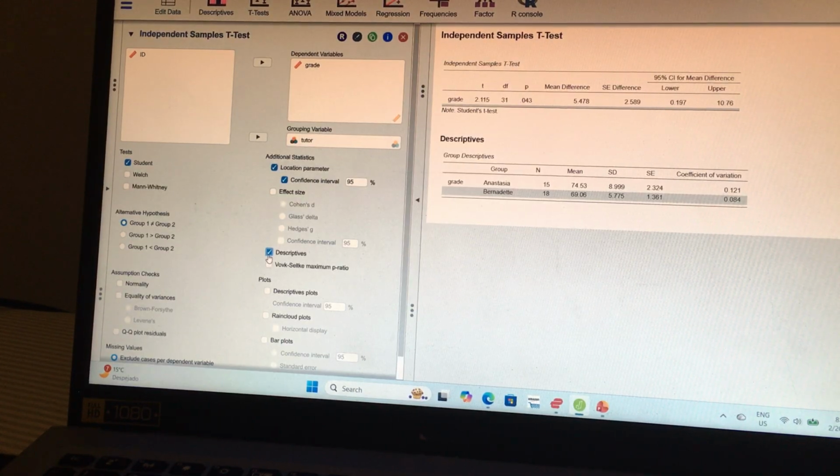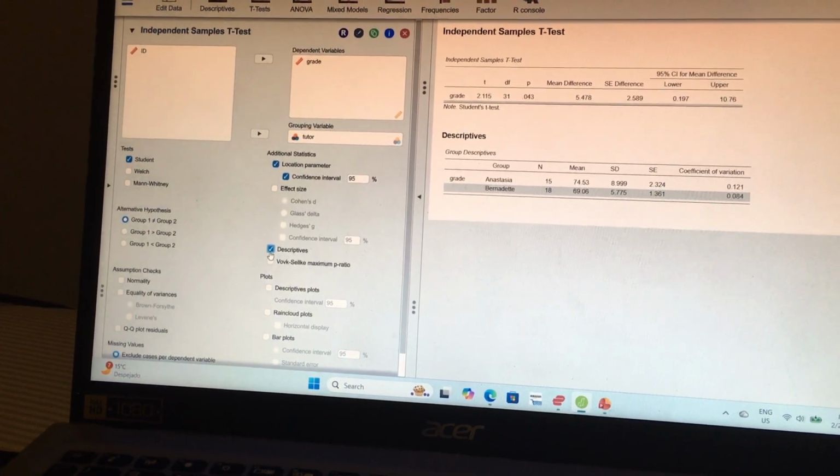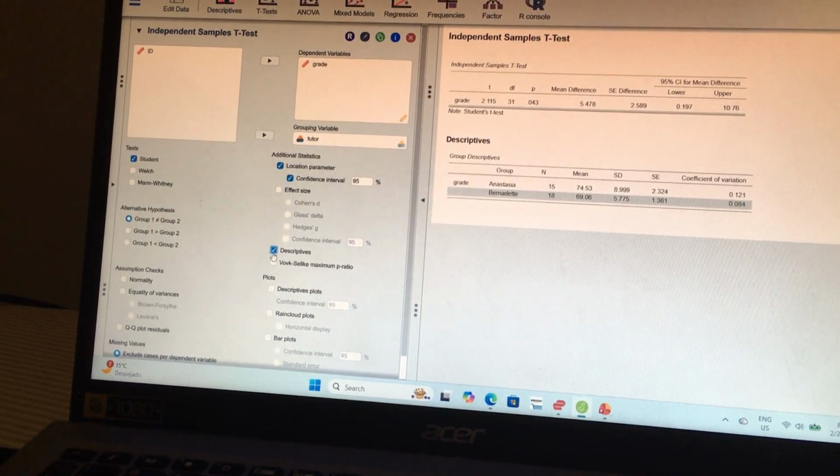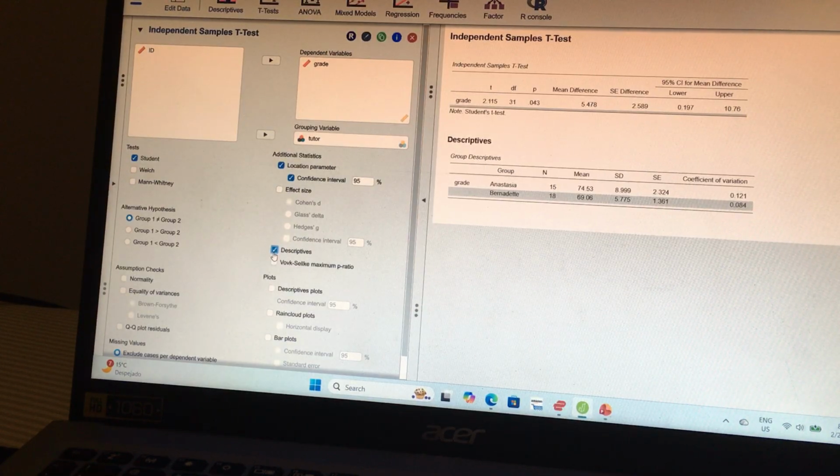So when we separate the different tutors, again, Anastasia, n equals 15, her mean grades for her student section was 74.53 with a standard deviation of 8.99, with the SE of 2.324, and looks good.